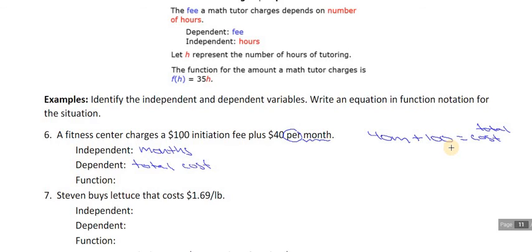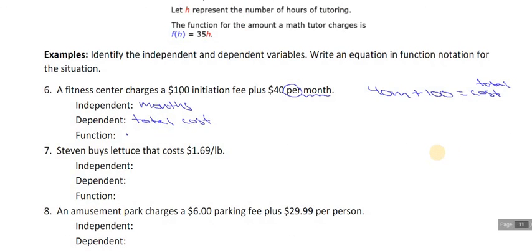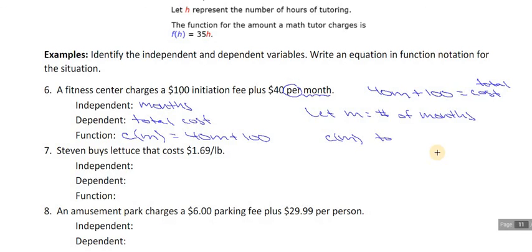So because I'm going to use my variable m to represent months, I'm going to use the function c of m and write our expression equal to 40m plus 100, where m equals number of months. And technically c of m is equal to the total cost. So the c is referring to cost based on m number of months.